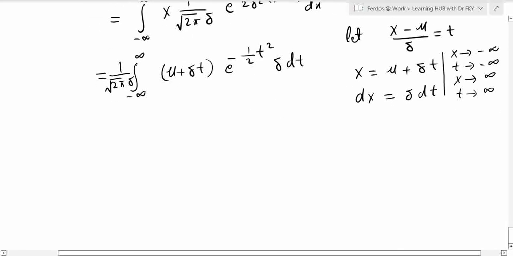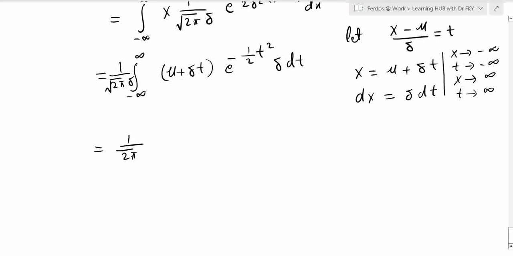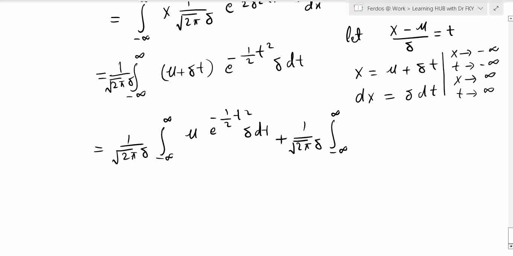Now you can write this separately for each term, for mu separate and for sigma separate. You will see that 1 divided by 2 pi sigma, integral from minus infinity to infinity of mu e power minus 1 divided by 2 t square sigma dt, plus 1 divided by 2 pi sigma, integral from minus infinity to infinity of sigma t e power minus 1 divided by 2 t square sigma dt.